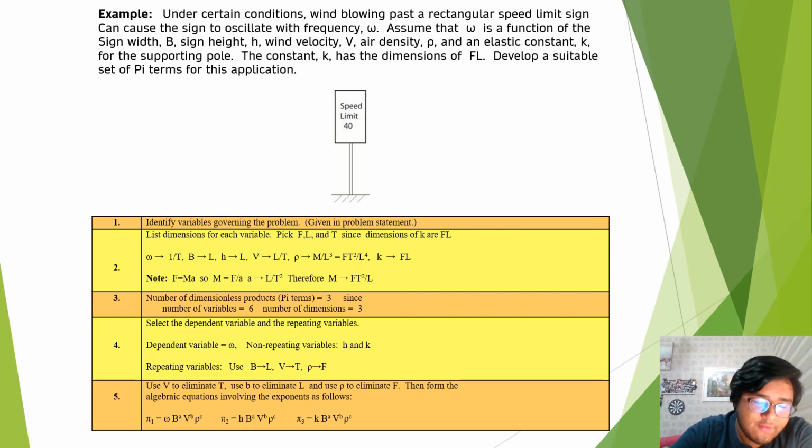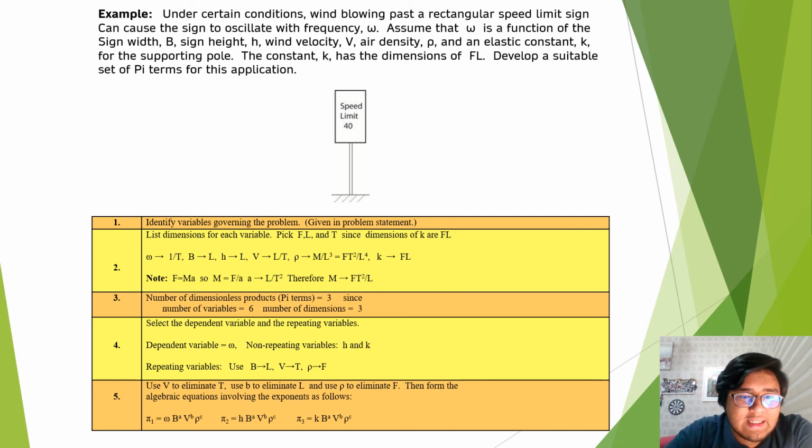So the fifth step is use velocity to eliminate T, use B to eliminate L, and use rho to eliminate F. Then form algebraic equations involving the exponents as follows. We can see pi1 is equal to frequency B V rho, pi2 is H B V rho, and pi3 is K B V rho.